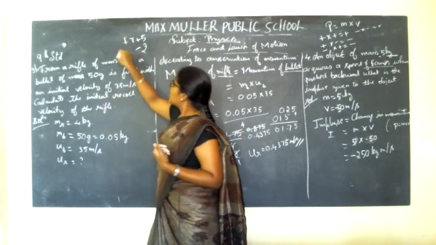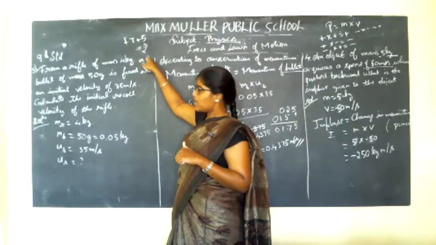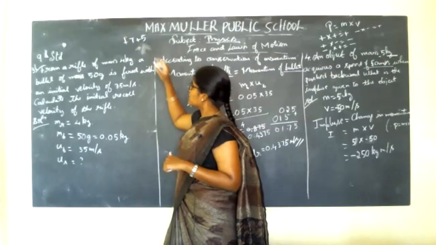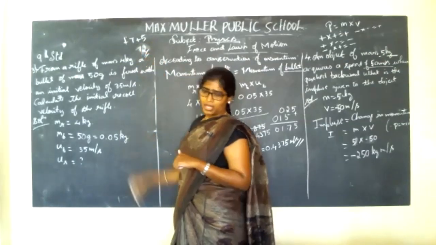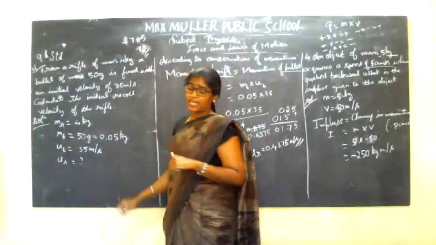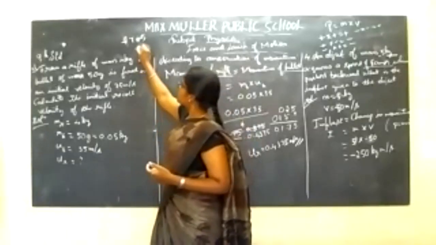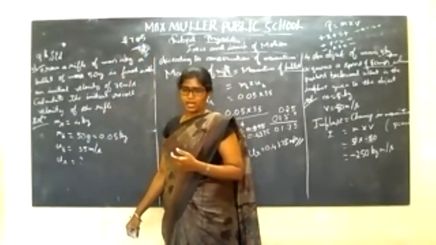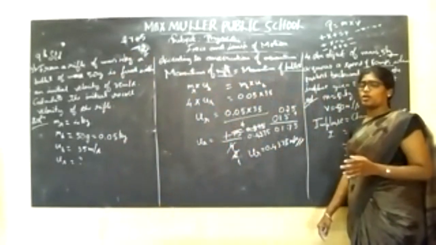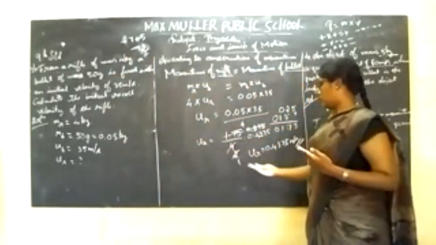If I change it, now minus 7 minus 5: there both are minus signs, so 7 plus 5 will be 12, and this will be negative. Same sign, again add, and put the greater number's sign. Clear? Understood? So sign conversions are very important while solving problems in physics, and the SI units.